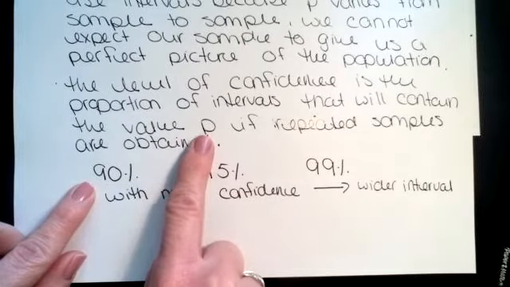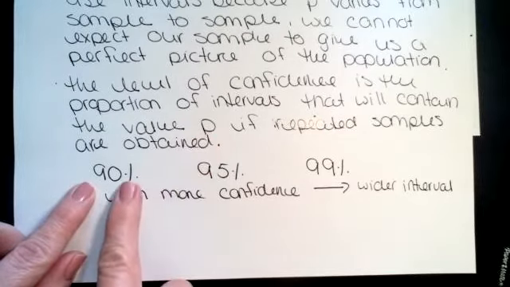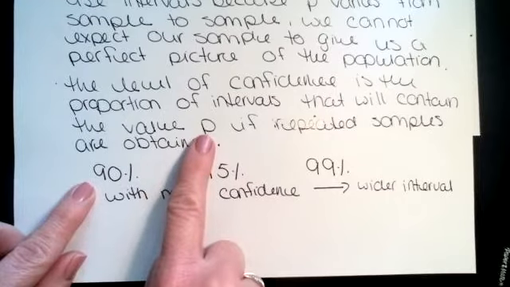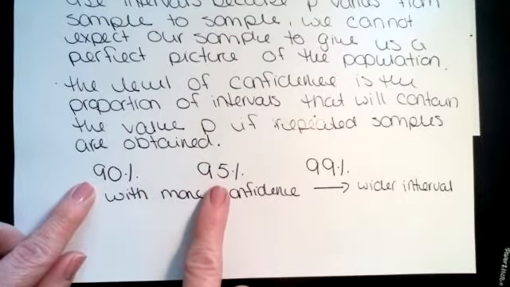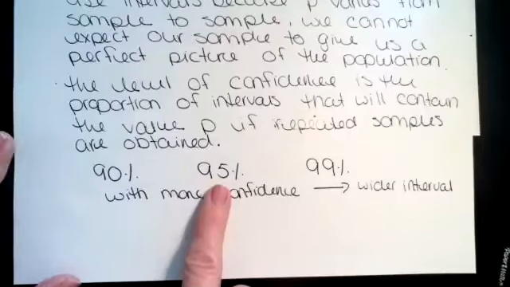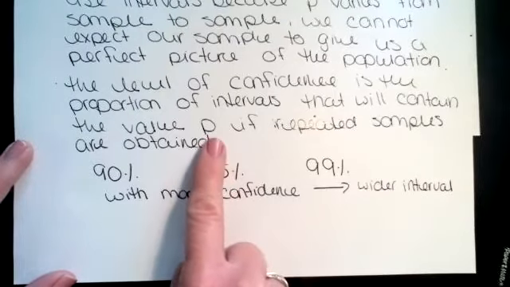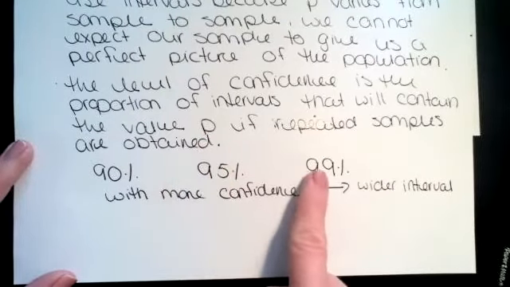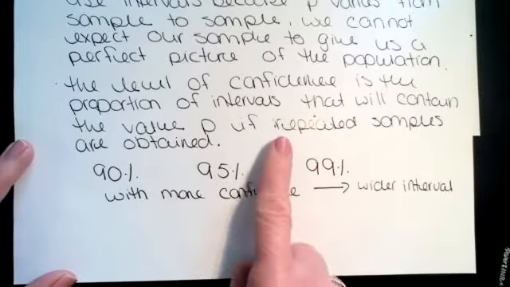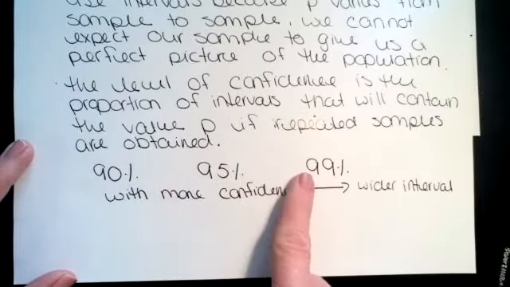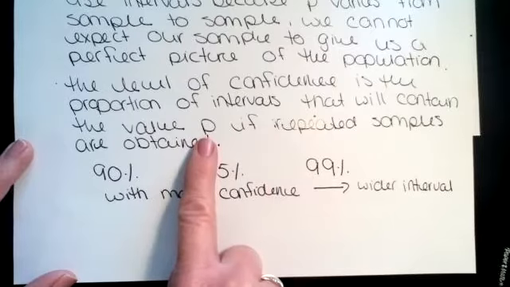That's my unknown value. So 90 out of 100 would include p. If I did 95%, then if I built 100 intervals at the 95% level, 95 out of that 100 would include p. And with 99, it would be 99 out of 100. So it's this percentage that will include my value p.